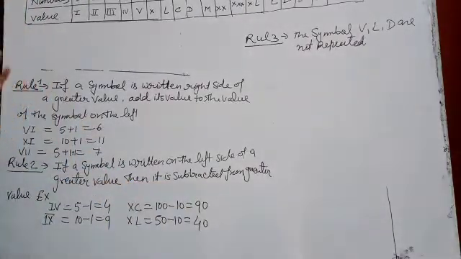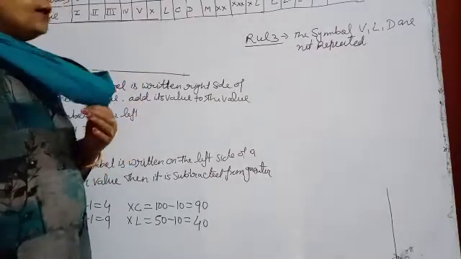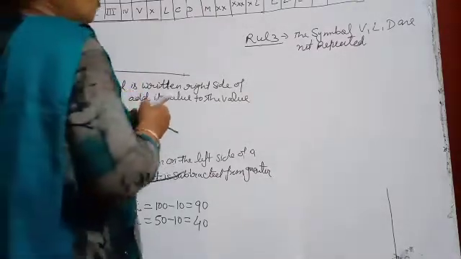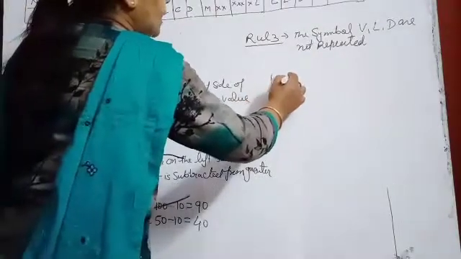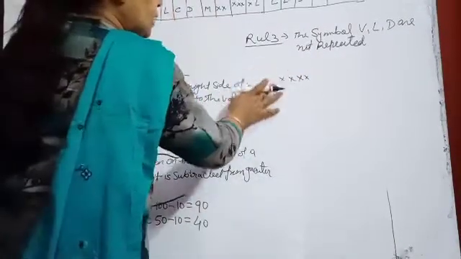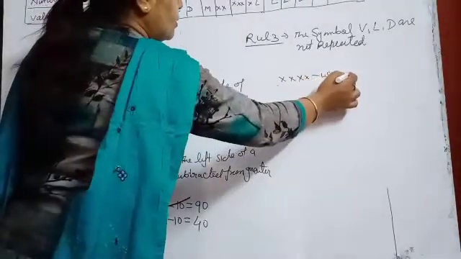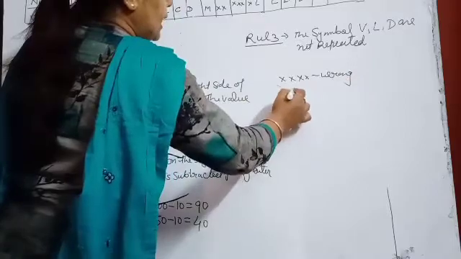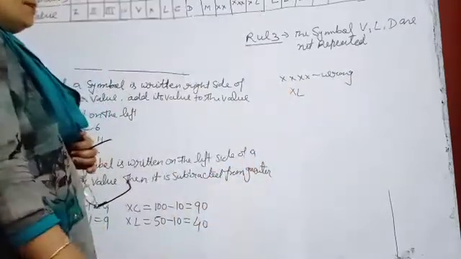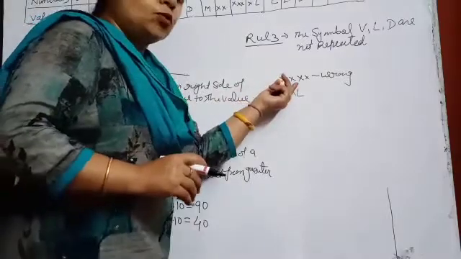And a smaller value sign you cannot use more than 3 times. For example, if we would like to write 40, we cannot write XXXX. It is wrong. For writing 40, what do we have to do? XL. Because a smaller value sign we cannot repeat more than 3 times.